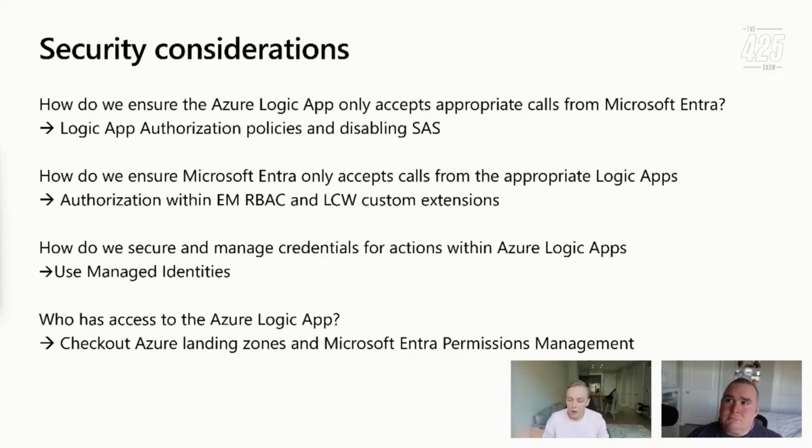And so we also have a callback pattern where the logic app can respond to Microsoft Entra and provide that feedback. In that case, we have authorization within the entitlement management role-based access control system, as well as in the custom extensions itself, where you can, from a least privilege perspective, define who is allowed to respond to these scenarios where the Microsoft Entra process is actually waiting for feedback from that external process.